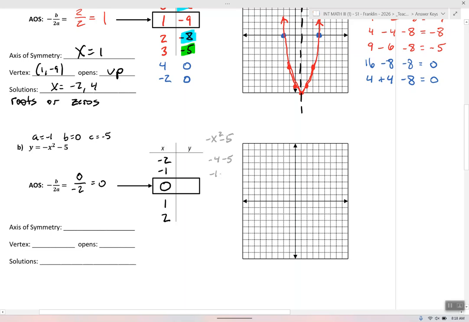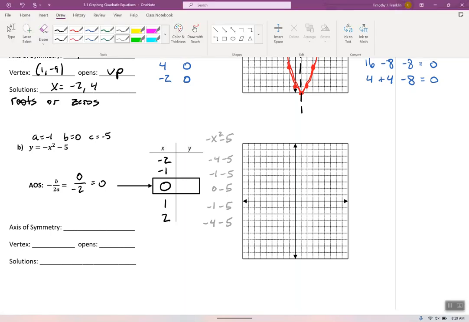Negative 1 minus 5. 0 gives us 0 minus 5. Putting in 1, squared is 1, but again that negative sign makes it negative 1 minus 5. And then for 2, I again get negative 4 minus 5. That negative sign gets applied after we take that number squared. 2 times 2 is 4, negative 4 minus 5.